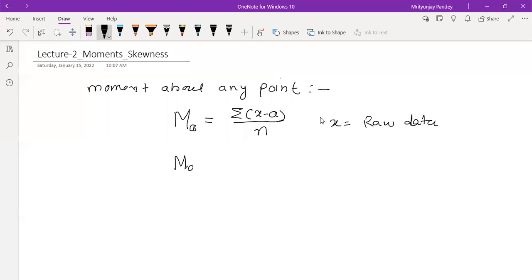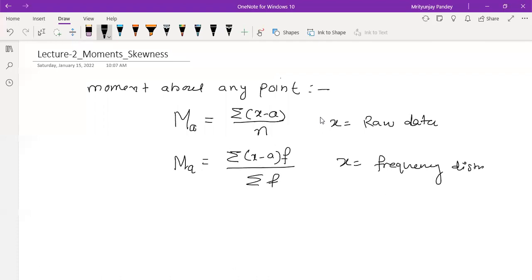Second formula, moment about any point, summation of x minus A into frequency divided by summation of frequency, when x is frequency distributed data.